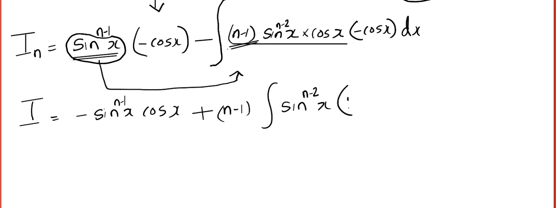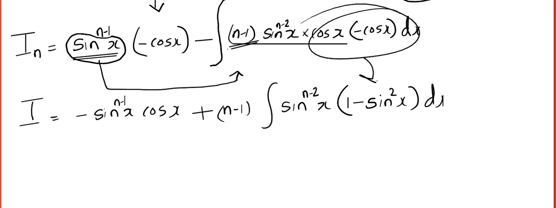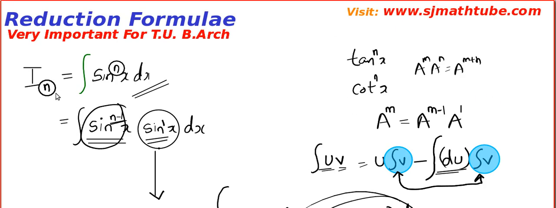And cos square x I'm going to write in terms of sine: 1 minus sine square x dx. I'm going to skip that step. It's simple enough for you. We get cos square x here. I'm going to put it in terms of sine square x. If you ask me why, I will show you the question. We are trying to find the reduction formula for sine to the power n x.